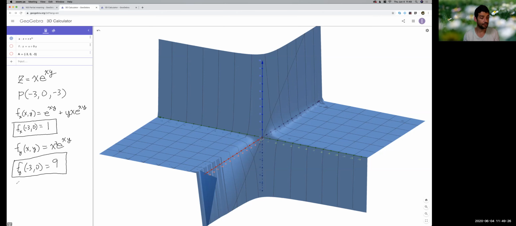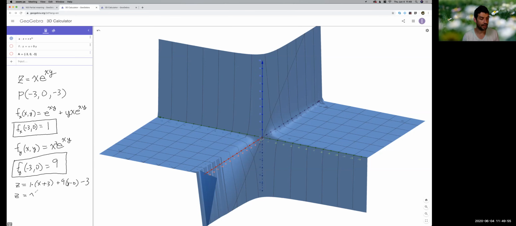And so now I can simply write z is equal to 1 times x minus -3, or x plus 3, plus 9 times y minus 0. I'll just write it to make it clear. And then we have plus z naught, which is -3, so -3. You can simplify this quite a bit.